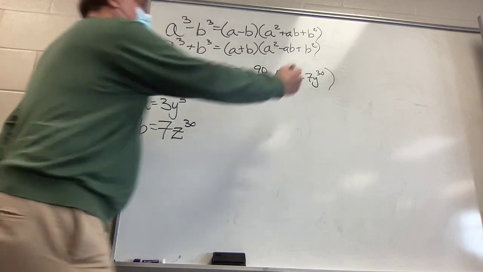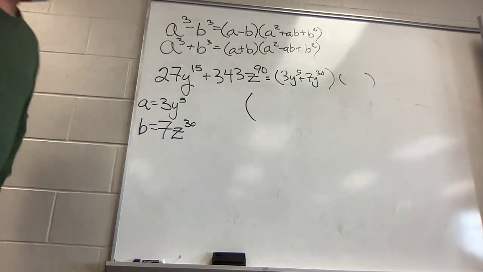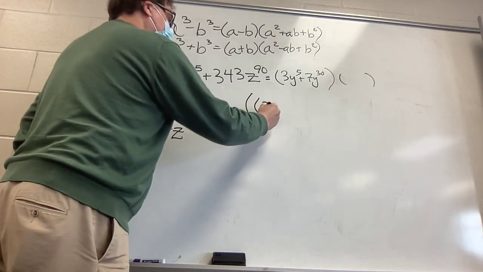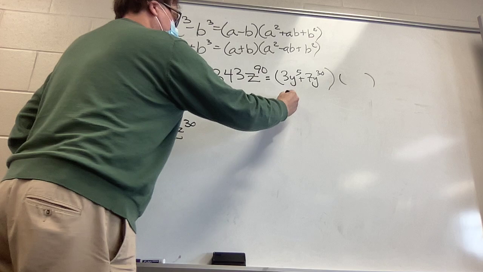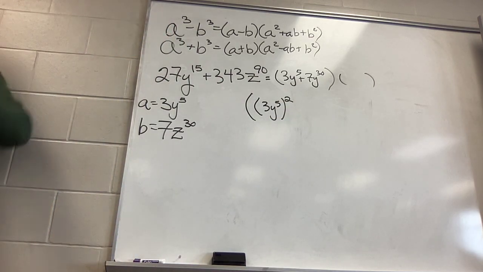Because I know it's going to be lengthy, I'm going to write it down here. It's just this parenthesis. Here we go. A squared, so it is 3y to the 5th squared. There'll be a little bit of work you'll have to do.